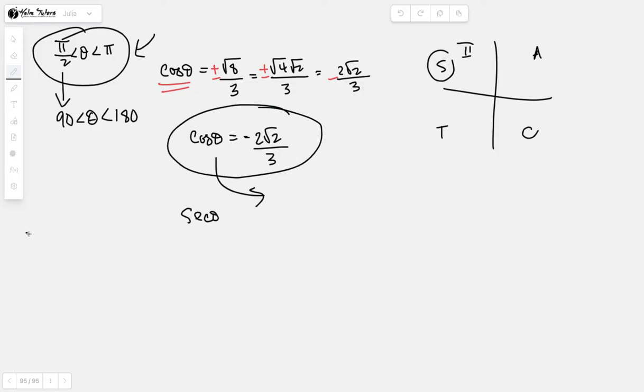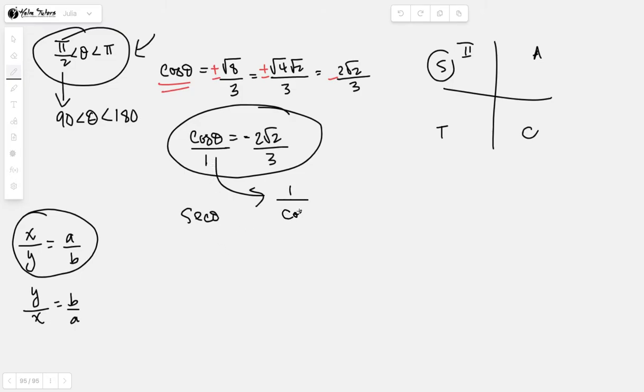This is like, if you have x over y is equal to a over b, then you could immediately write y over x is equal to b over a. Well, we just took this and flipped both sides. So just write cosine theta over 1, because, well, yeah, it is over 1. And if you flip both sides, you get 1 over cosine theta is equal to, well, it's negative, 3 over 2 root 2, right?